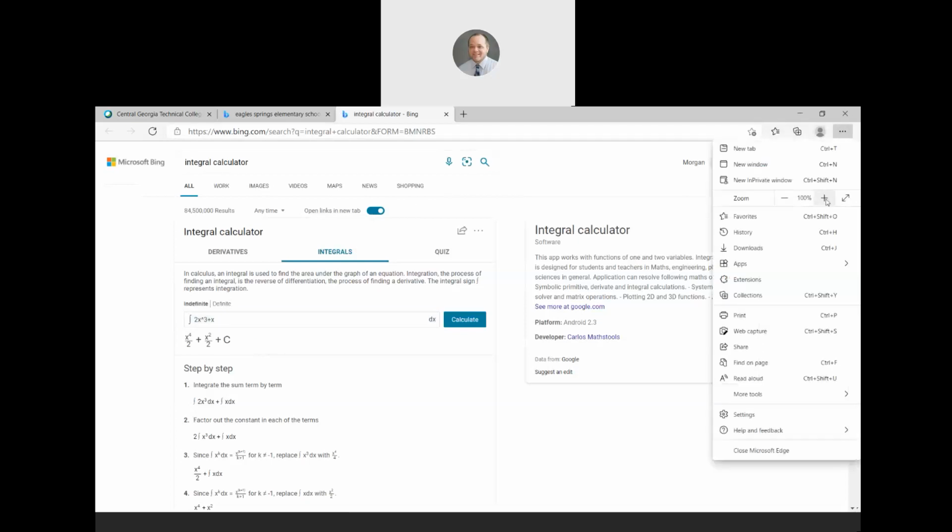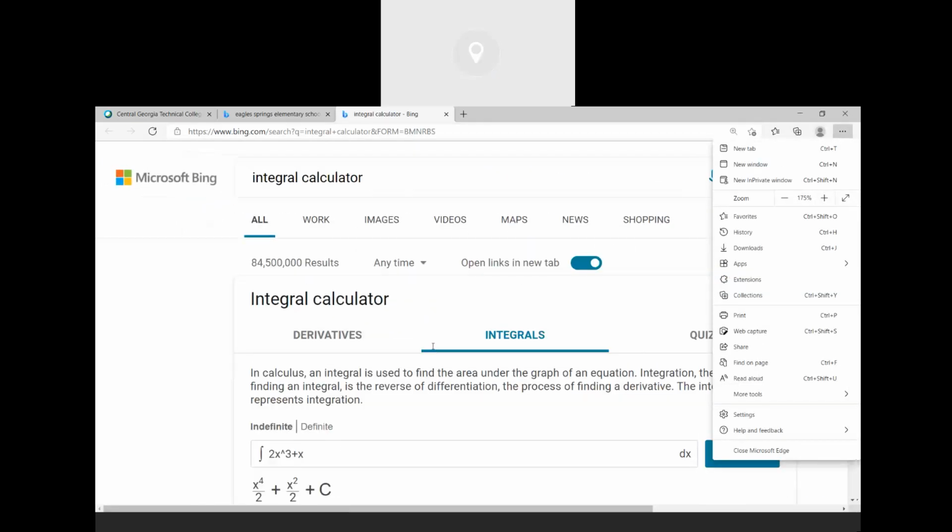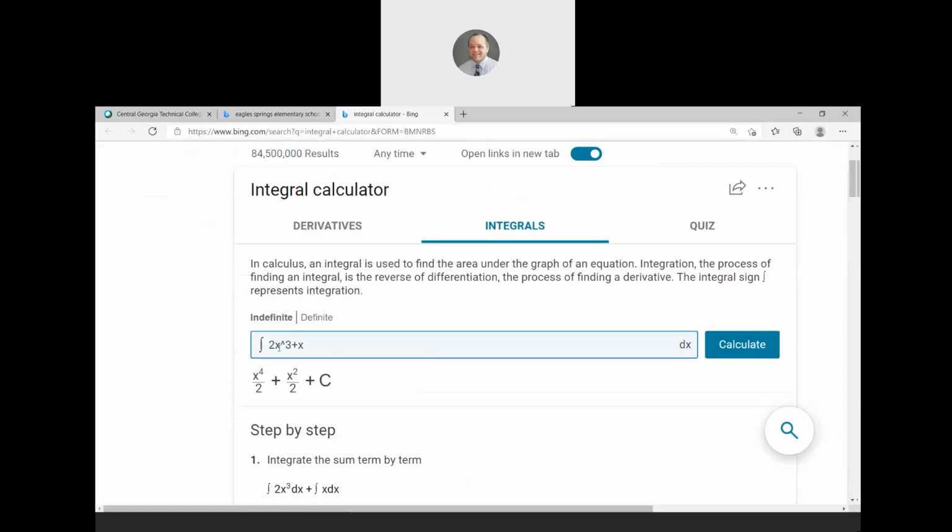So let me zoom in just a touch. And you can type in, let's do the last one. Let's see, 6 minus 72x divided by, in order for the square root symbol to show up, just type in the abbreviation SQRT and then type in your function.